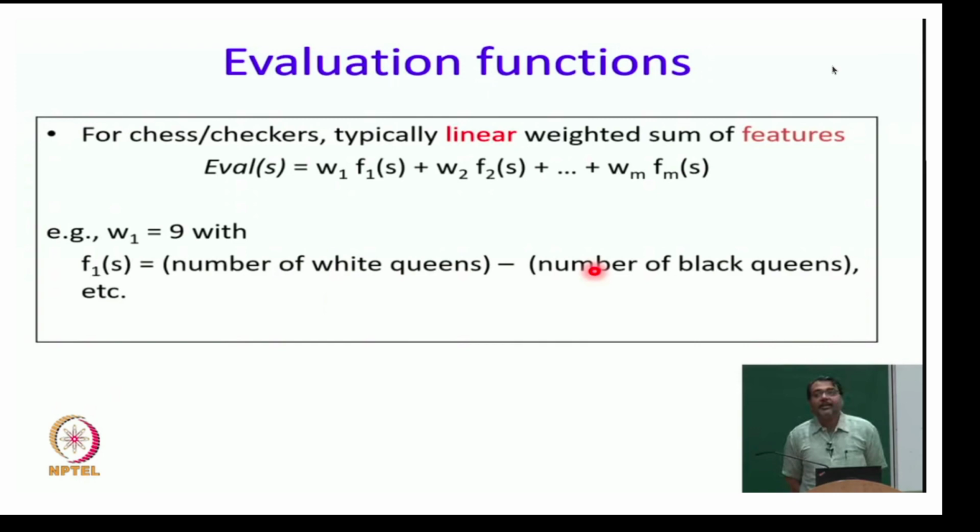So you take a weighted sum of these features: W1 into F1 plus W2 into F2 plus W3 into F3 plus W4 into F4, right? And if this value is high, then you can say the utility function for, let's say, the computer is very high. From that state, the computer will win. So this is the meaning of evaluation function or utility.